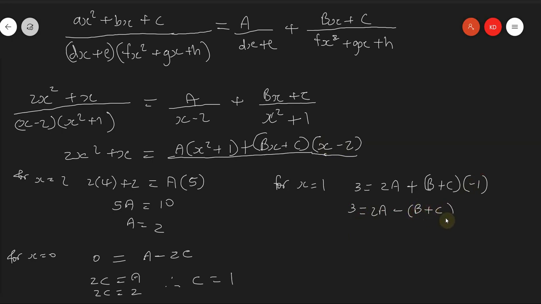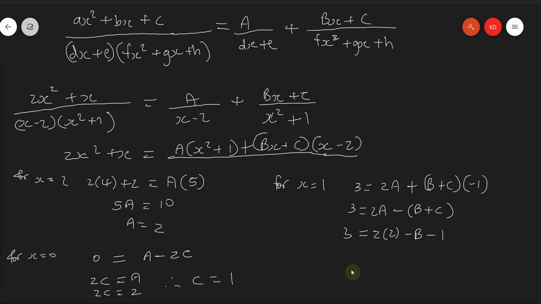But now remember, that a is 2 and c is 1, so we can just plug in those values. Therefore 3 is equal to 2 times 2 minus b minus 1, because c is 1, so negative 1 times b, that's negative b, and negative 1 times 1, that's just negative 1.